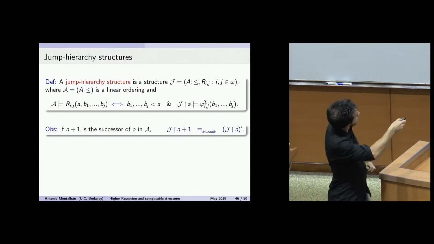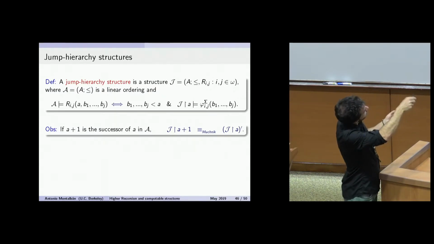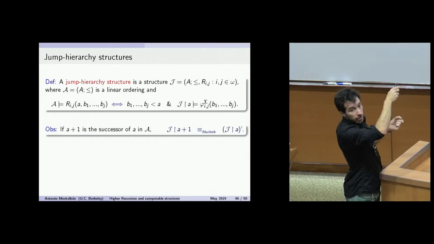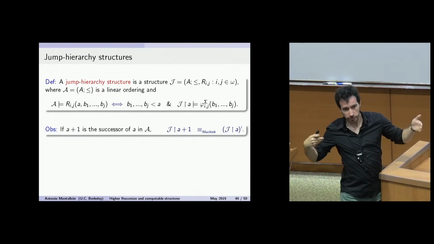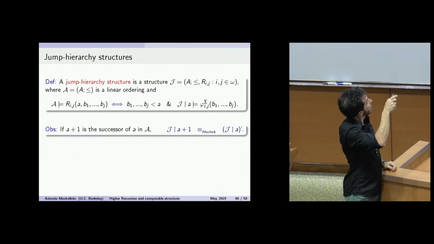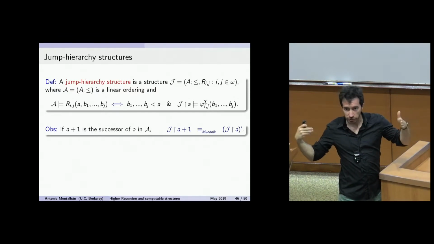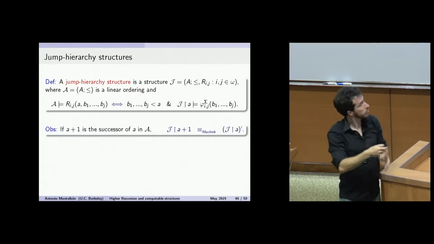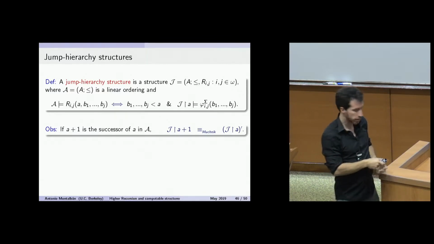Essentially what's going on is if you look at A and all the relations that start with A up here, you're coding the jump of everything that happens before A. So the formulas that have A up here are coding the jump of all of the structure up to A. Do you guys see that?